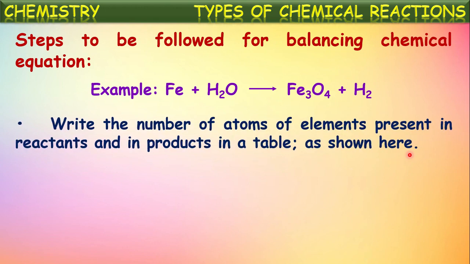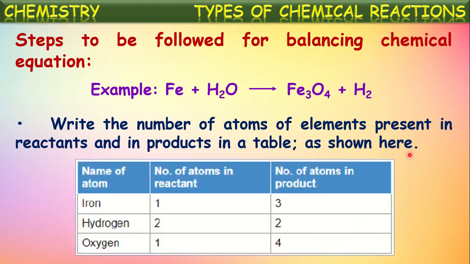First, write the number of atoms of elements present in reactants and in products in a table as shown here, so that we can understand which elements' atoms are balanced and which are still to be balanced. So in this equation, iron atoms are there, hydrogen atoms are there, and even oxygen atoms.